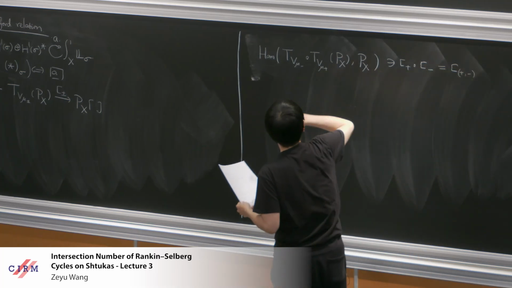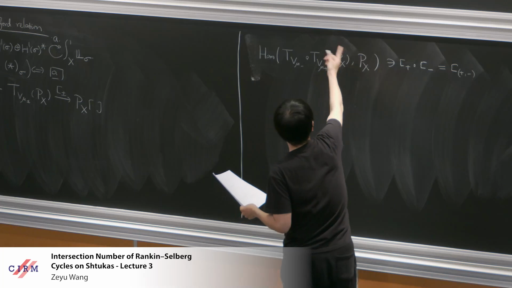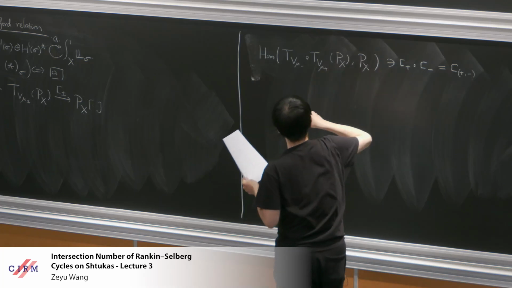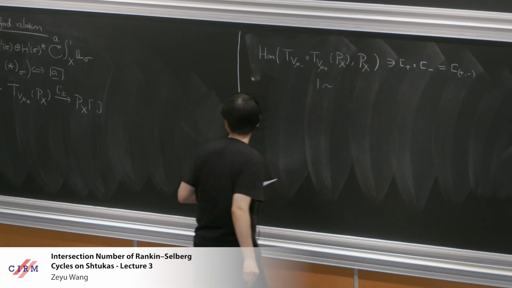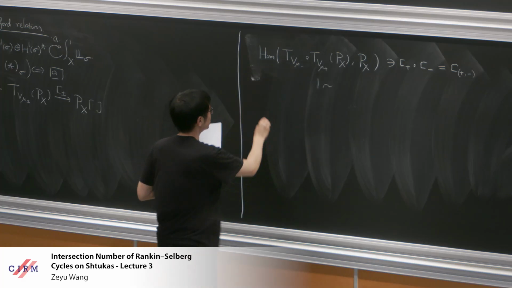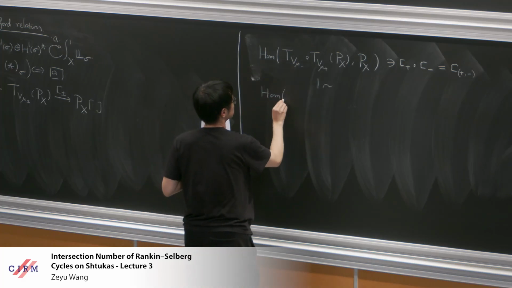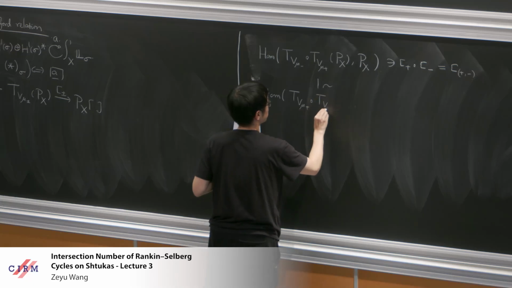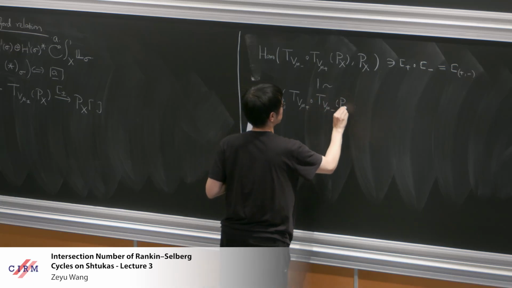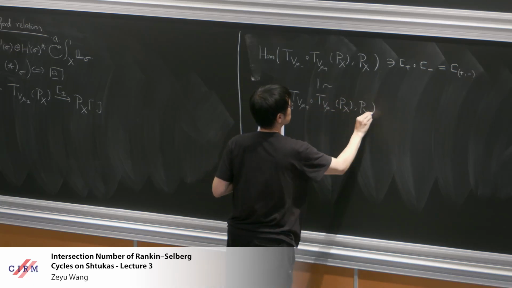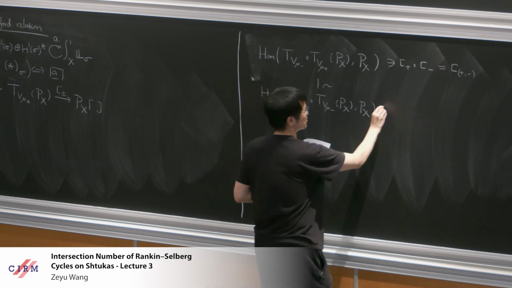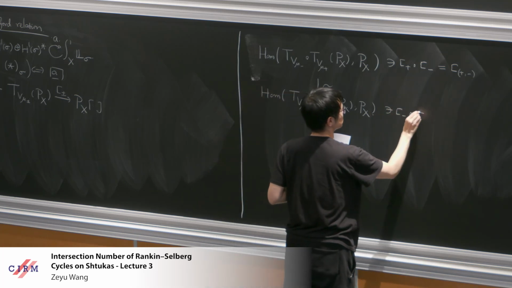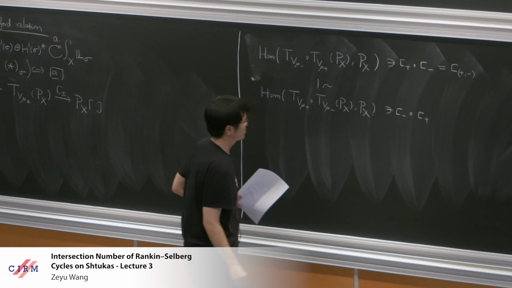There's an obvious version of composition if I write it in this way. But you see that these two Hecke operators commute with each other, so this Hom space is the same as you can commute these two Hecke operators. But in this space, there's another cohomological correspondence, C minus composed with C plus.